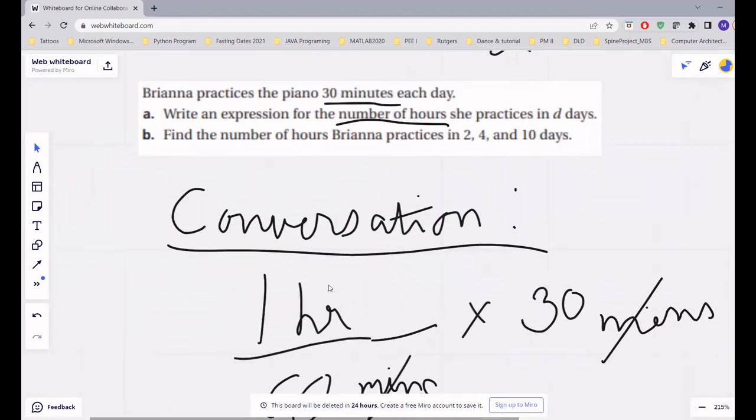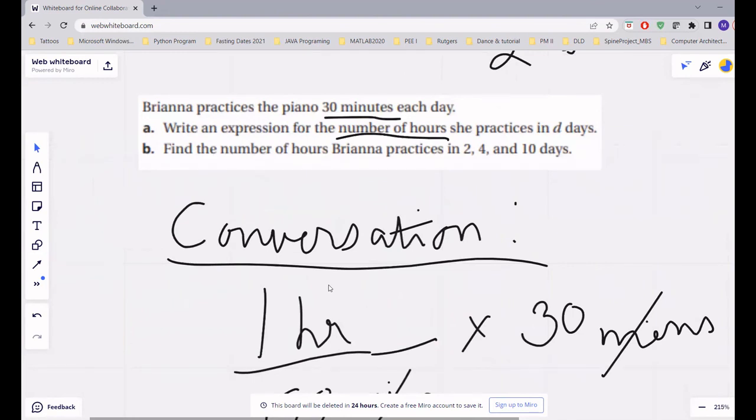Now it says, write an expression for the number of hours she practices in D days. So think of it as D groups of 0.5 hours.